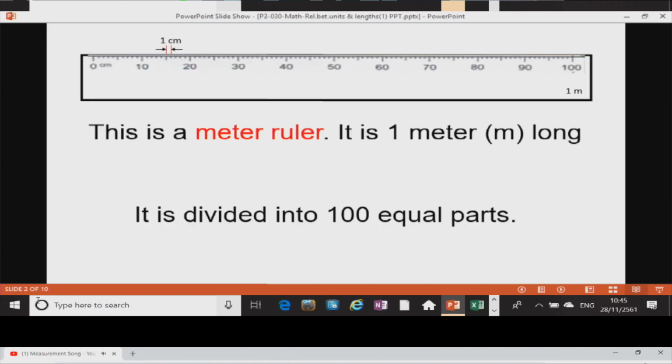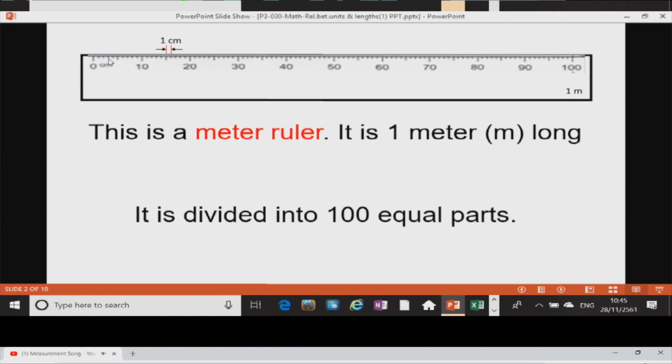This is a meter ruler. It is 1 meter long, and it is divided into 100 equal parts. Yes, you can see the marks at the top here. There are 100 of them, and every 10 marks represent a centimeter.